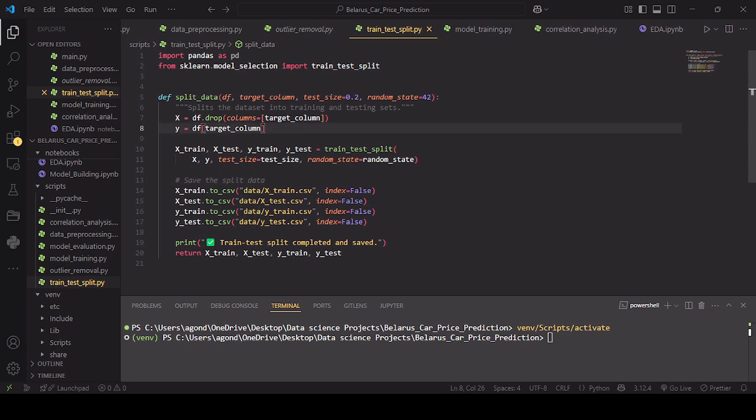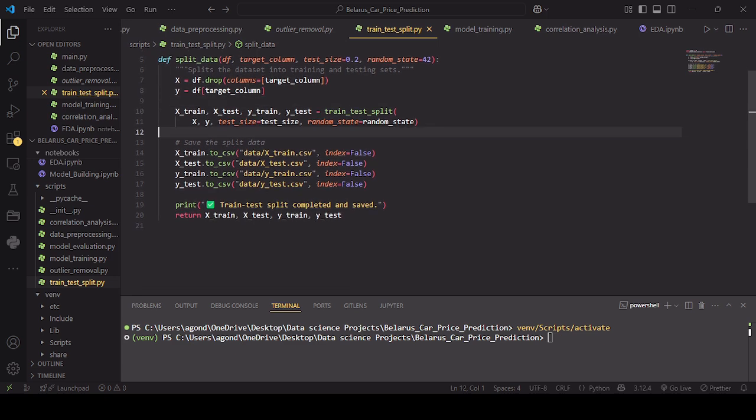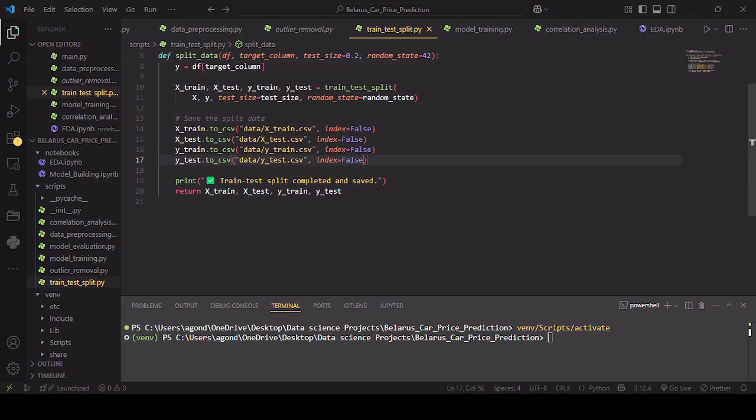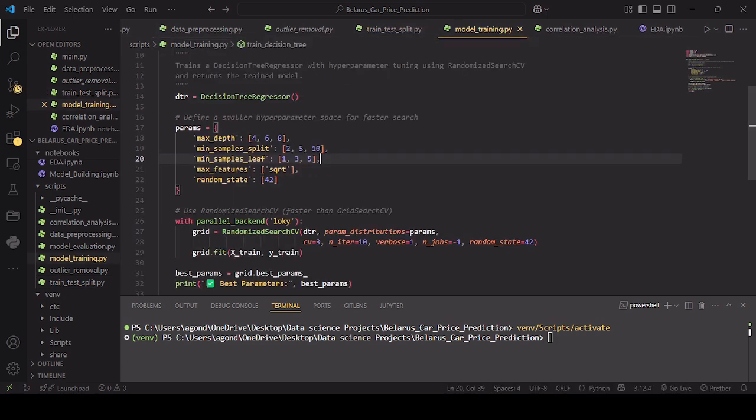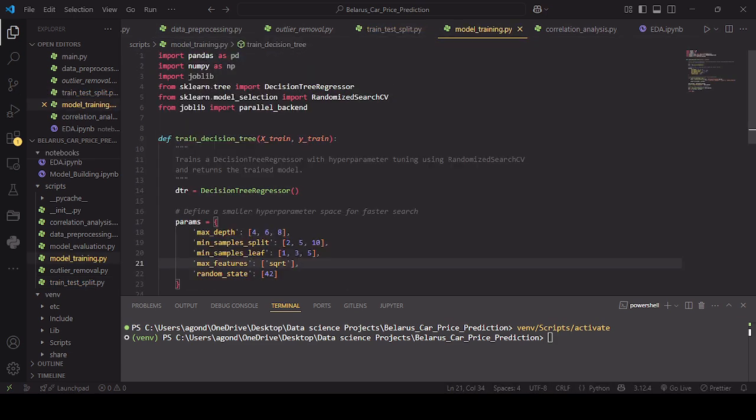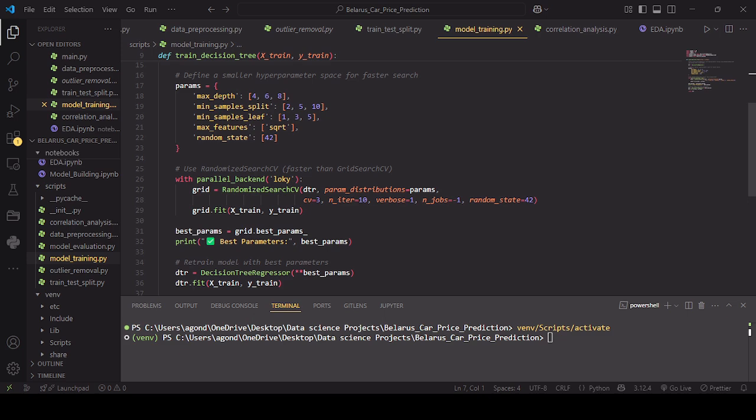As we have taken the target drop, then this, then this, and taken the X split train. Then we go to our model training part, as we have taken the modules as this. Okay, random search ones.